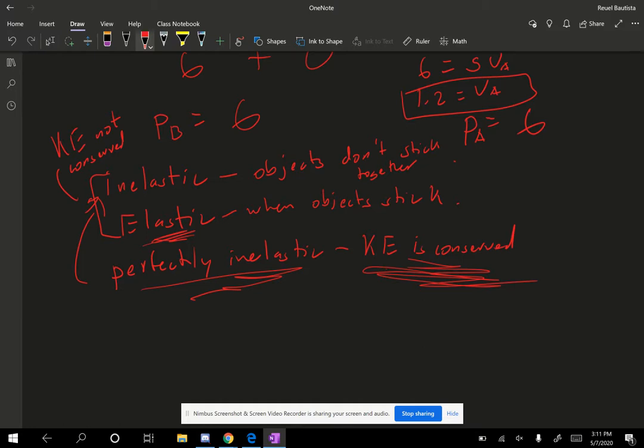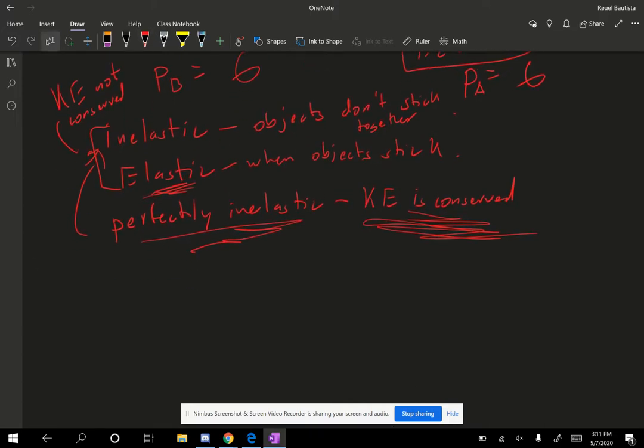When is it possible? When one stops and another keeps moving, it really would depend on the mass and the velocity of the two objects, so that would not necessarily be the case.